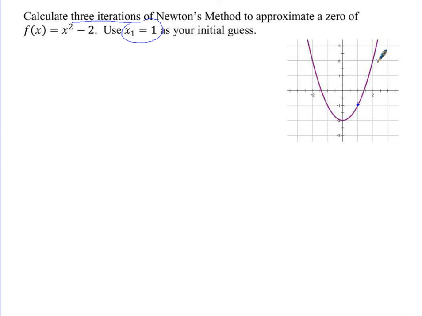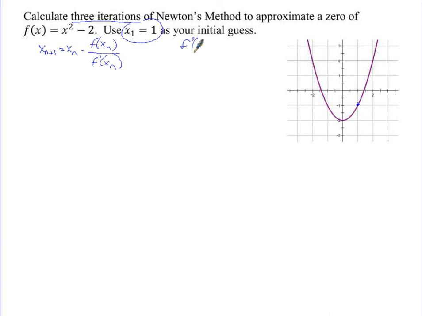We need, first of all, to find the derivative, because remember that our Newton's method is x sub n plus 1 equals x sub n minus f at x sub n over f prime at x sub n. So we definitely have to have the derivative. We have the original function. So we're just going to have to do some math, hopefully, in our heads to help us get through this.